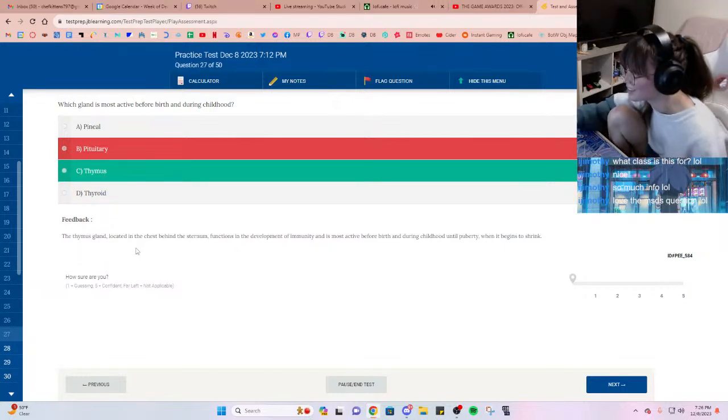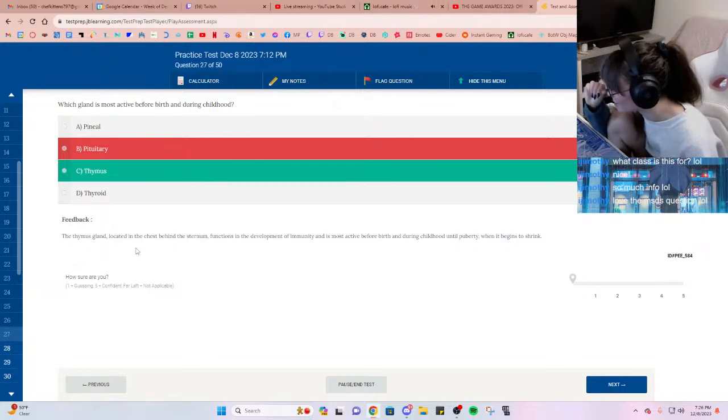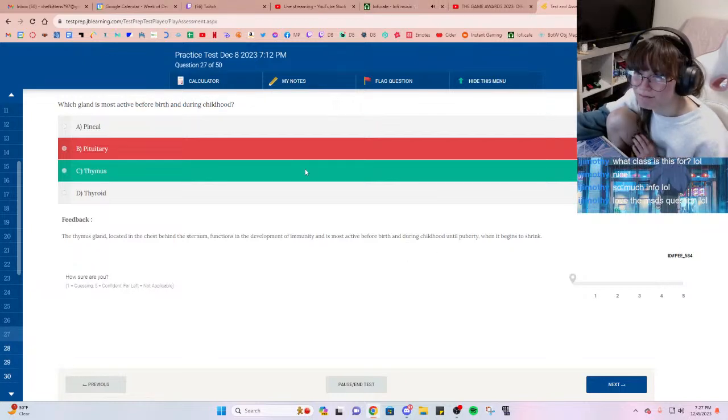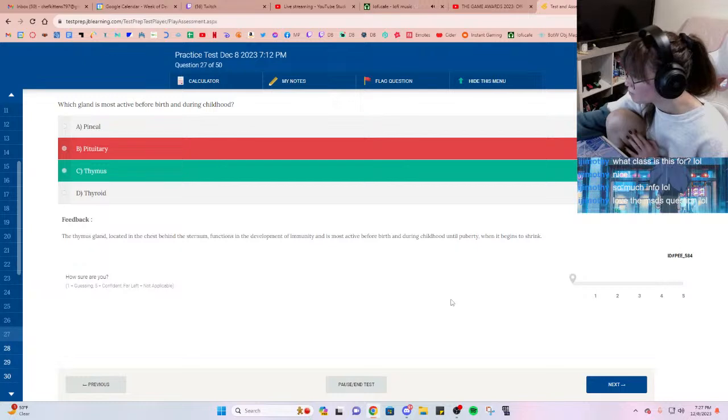The thymus gland, located in the chest behind the sternum, functions in the development of immunity and is most active before birth and during childhood until puberty, when it begins to shrink. Oh, I read that wrong. I was thinking it was like before giving birth. What's wrong with me? I think I still would have guessed it wrong, but actually no, maybe I wouldn't have.